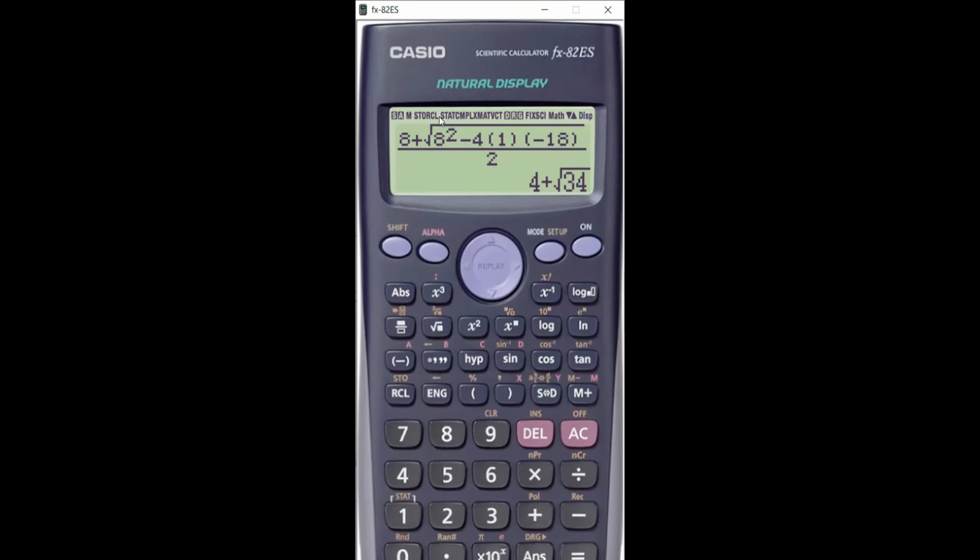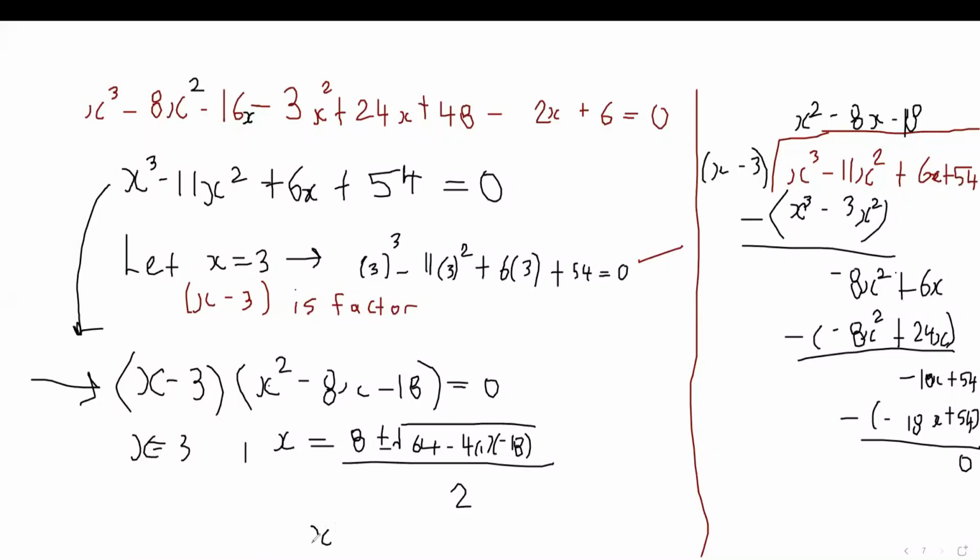Because if we change it to the minus now, you get 4 minus root 34. Yeah, so those are the answers. So this gives x equal to 4 plus root 34, comma, 4 minus root 34. Nice. So we're good.